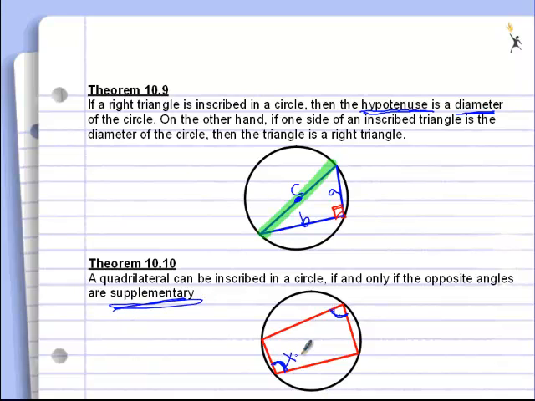Let's label this guy X, this guy Y. What does supplementary mean? Hopefully by now in Chapter 10 you recognize that supplementary means they add up to equal 180 degrees. In this case, the opposite angles X and Y have to add up to 180.